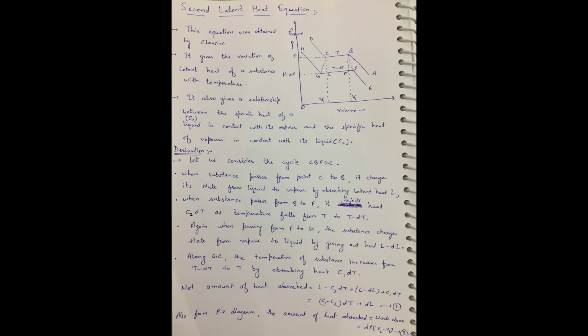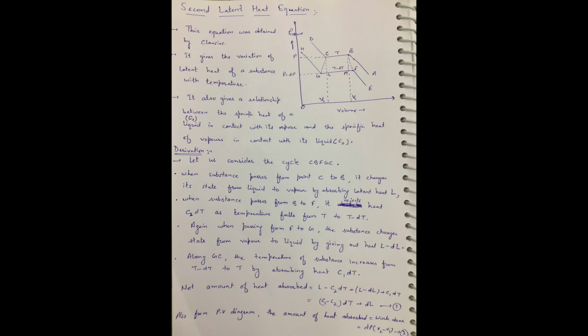Then the area of this Carnot cycle will be equal to pressure multiplied by volume, and pressure change during this Carnot cycle is clearly dP, because along FG the pressure is P minus dP and along BC the pressure is P, so pressure is changed by an amount dP. Volume at C is V1 and volume at B is V2, so the volume changes by amount V2 minus V1. Then the area is equal to dP multiplied by V2 minus V1.